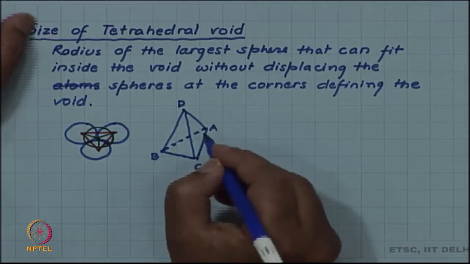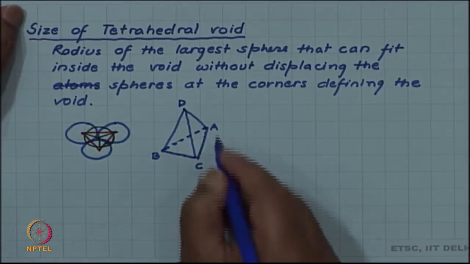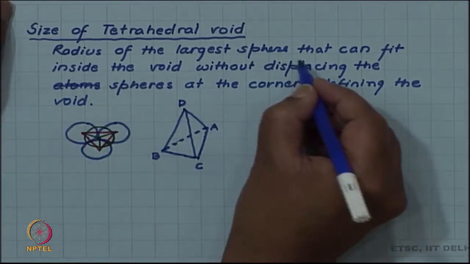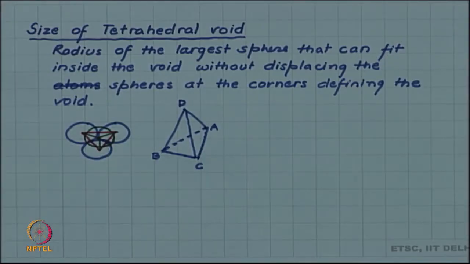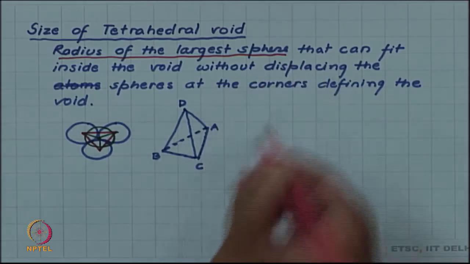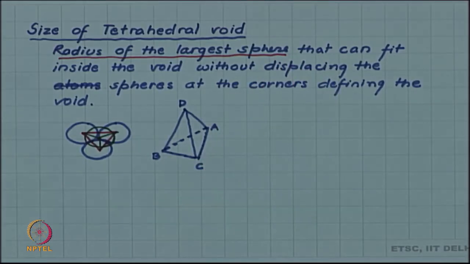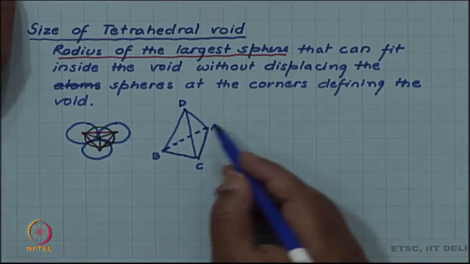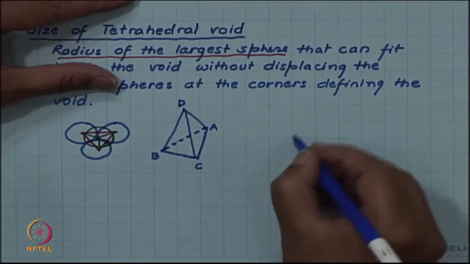You can imagine a tetrahedron of this shape. Now, if we want to find the radius of this largest sphere, that is the size which will fit in this tetrahedral void, let us try to work that out by first looking at the base triangle ABC.